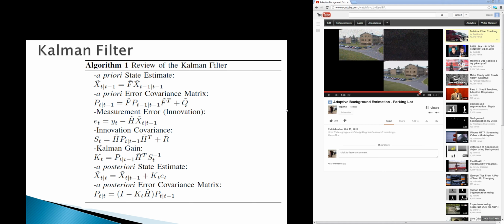Then the innovation covariance is calculated, which is then used to calculate the Kalman gain. And the a posteriori state estimate is given by the current estimate plus the measurement error corrected by the Kalman gain. And then the a posteriori error covariance matrix is found. This is the beauty of the Kalman filter. As we propagate the error covariance matrix, all the information about the past is encoded in the error covariance matrix.